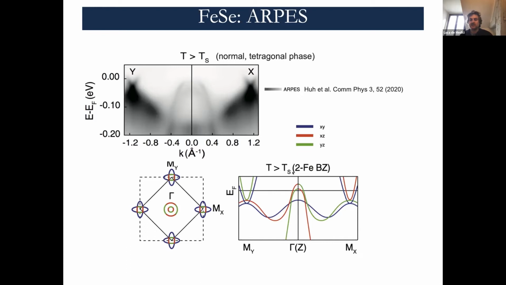On the other hand, all the t2g orbitals participate in the bands cutting the Fermi level at the endpoints. And I will also focus on the topology of the sides of the pockets of the Fermi surface. So I will use these two schemes and refer mainly to these ARPES experiments in the following.